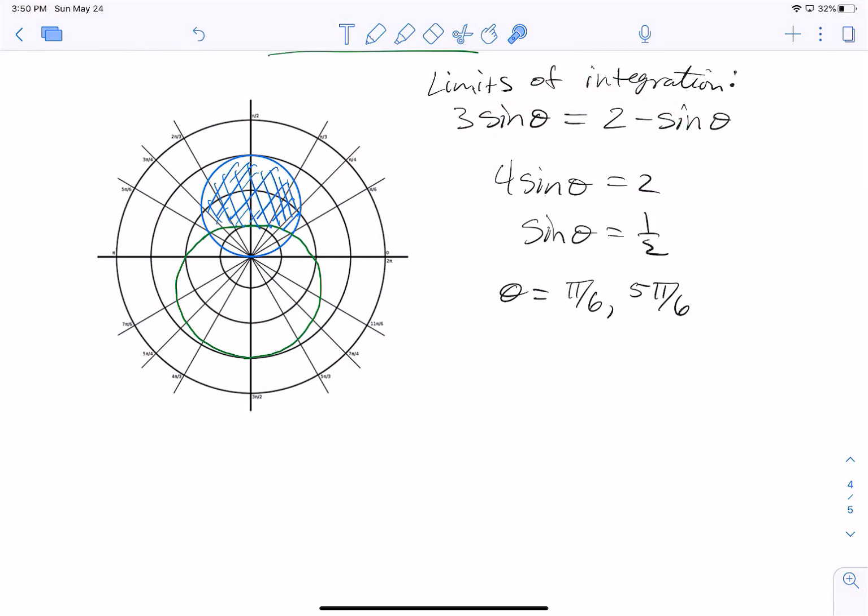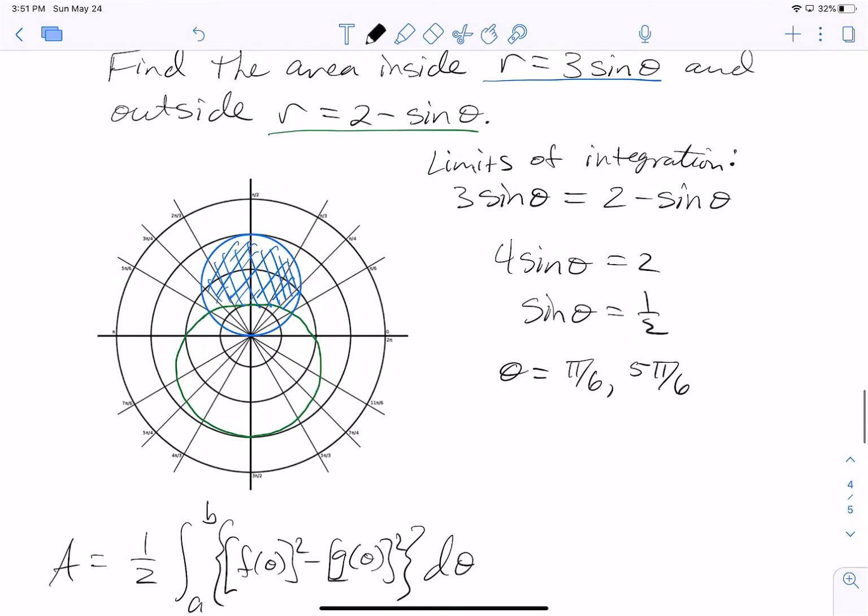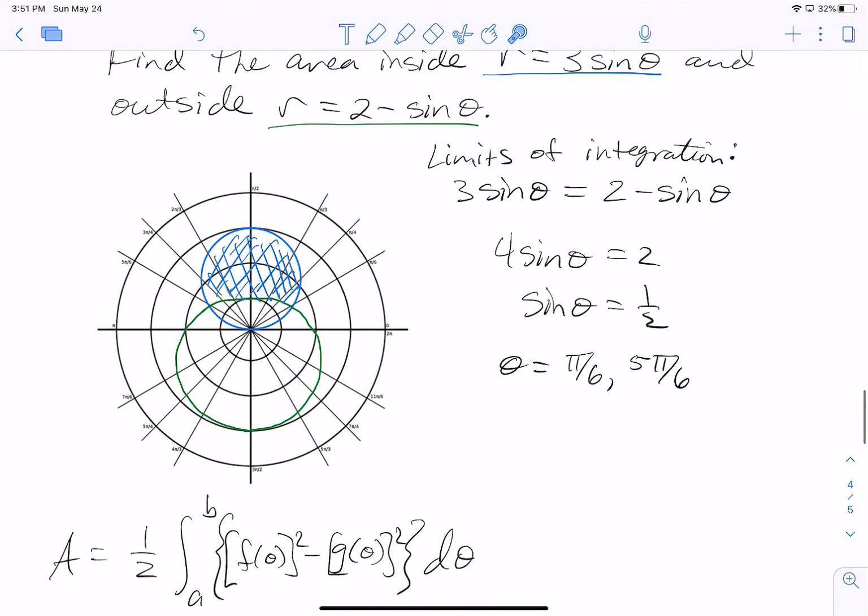As for our area, we are looking at the formula: area equals 1/2 times the integral from a to b of, because we have two curves, f of theta squared minus g of theta squared d theta. In this case, our f of theta is the blue circle, r equals 3 sine theta, and g of theta is the green one, r equals 2 minus the sine of theta.